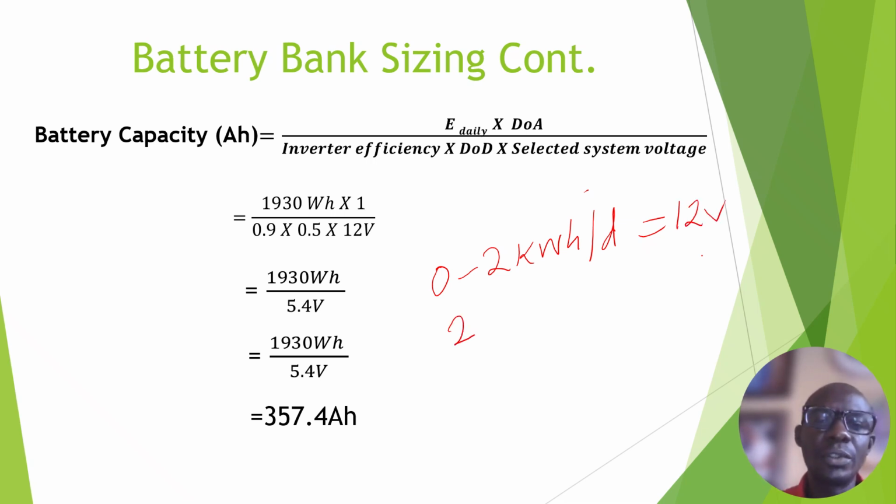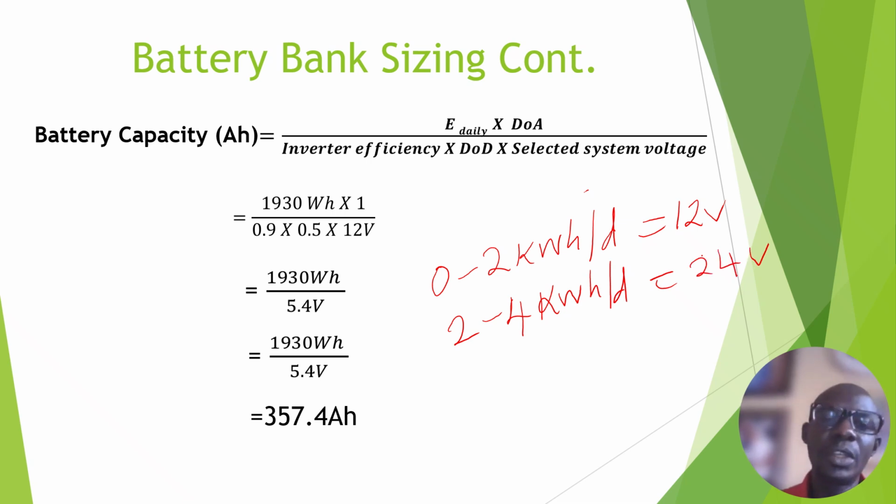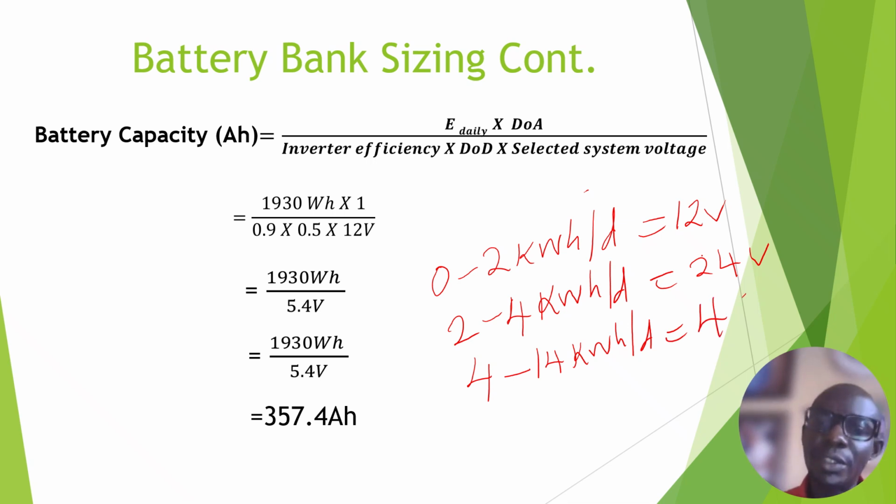If it falls between 2 to 4 kilowatt hour per day, you can use 24 volts. If it falls between 4 to 14 kilowatt hour per day, you can use 48 volts.